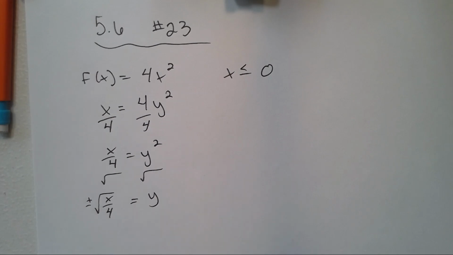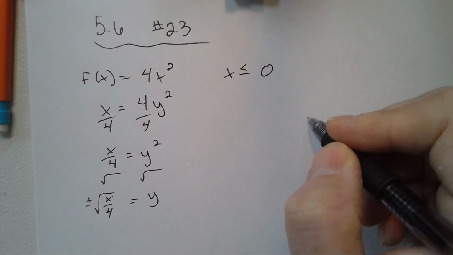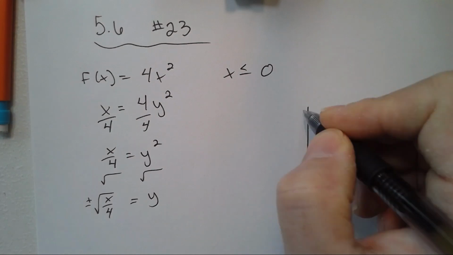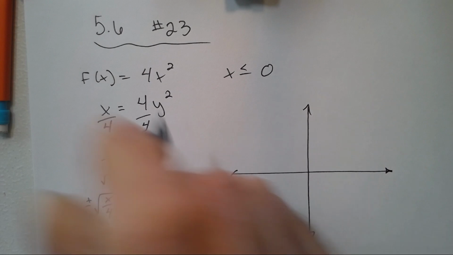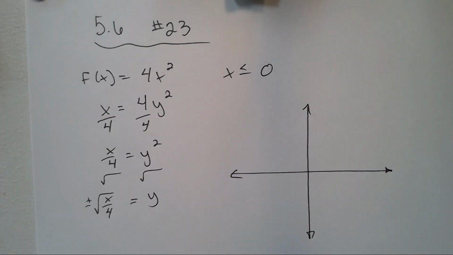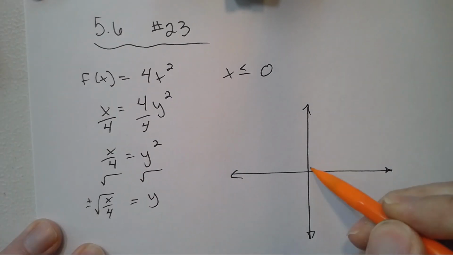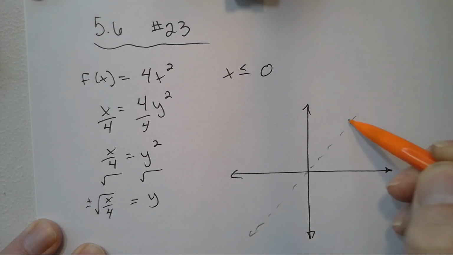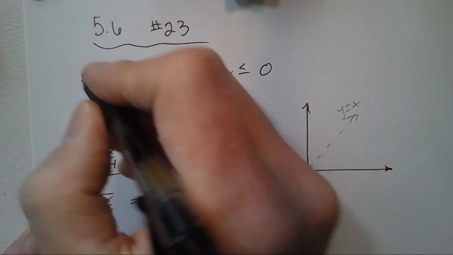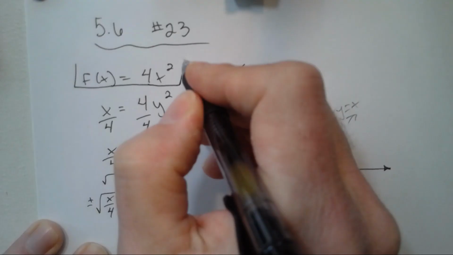So let's go ahead and graph our original and y equals x. Here's my y equals x. In my original graph, I'll do in black, it's 4x squared, but it's only the left side of it.